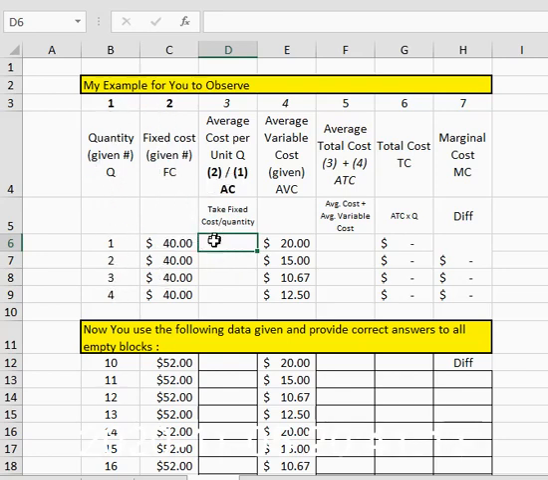So piece of cake. We know to get Excel to do the math, we have to start with an equal sign, and then we can click on cell C6 and then hit the division key, and then hit B6 and hit enter.